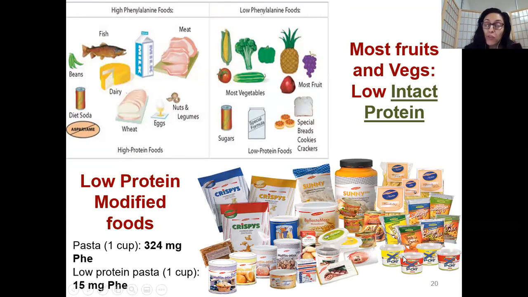But please be mindful that these are pretty expensive. For example, 1 cup of normal pasta from Woolworths or Coles has 324 milligrams of phenylalanine, but a low protein pasta will have 15 milligrams of phenylalanine for the same cup size. So you see that these are beneficial, but they are quite pricey in nature.